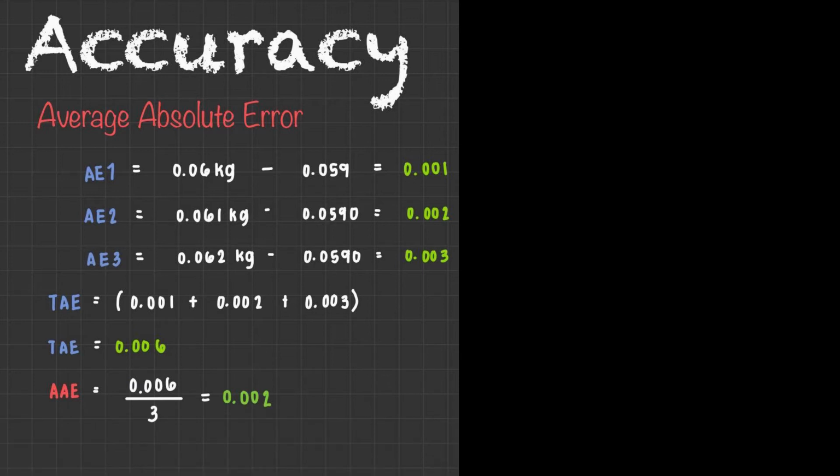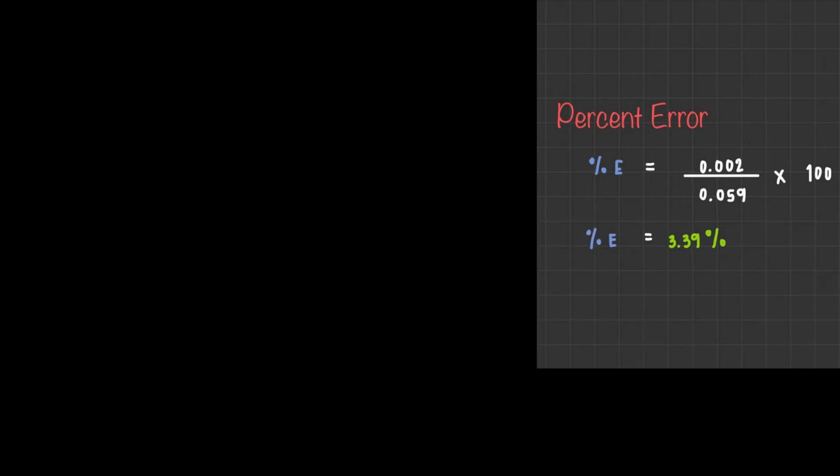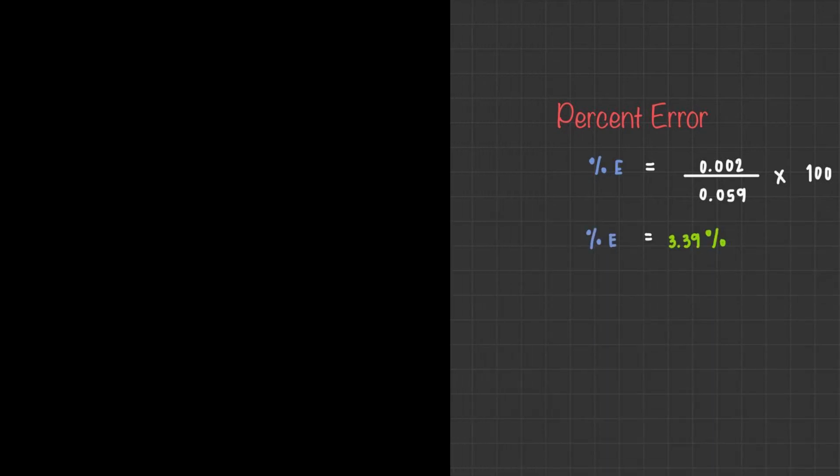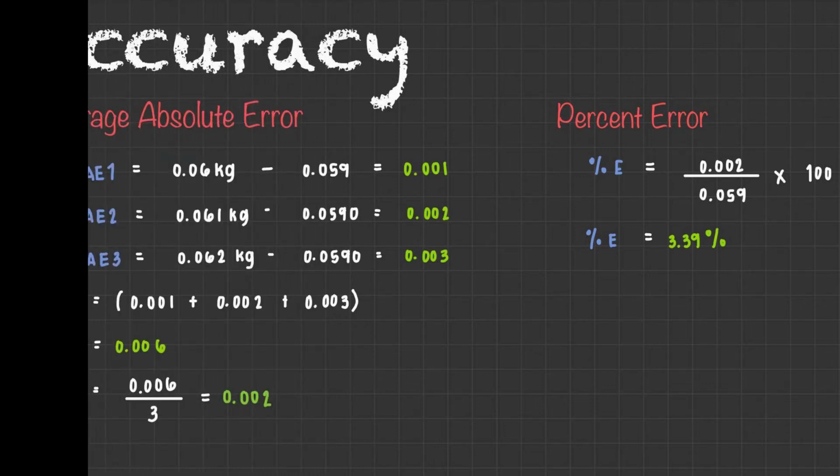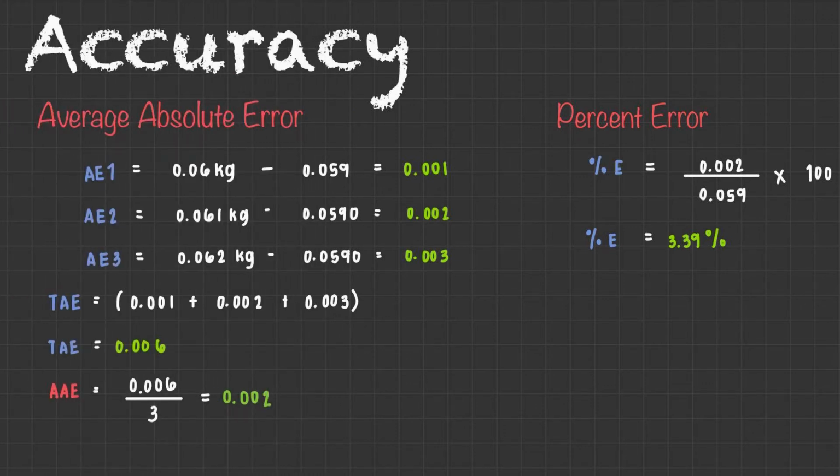Divide the TAE from the number of trials conducted to identify the average absolute error. Divide the average absolute error from the true value and multiply it by 100 to get the percent error of its accuracy. The lower the percent error, the more accurate the measurement is relative to the true value.